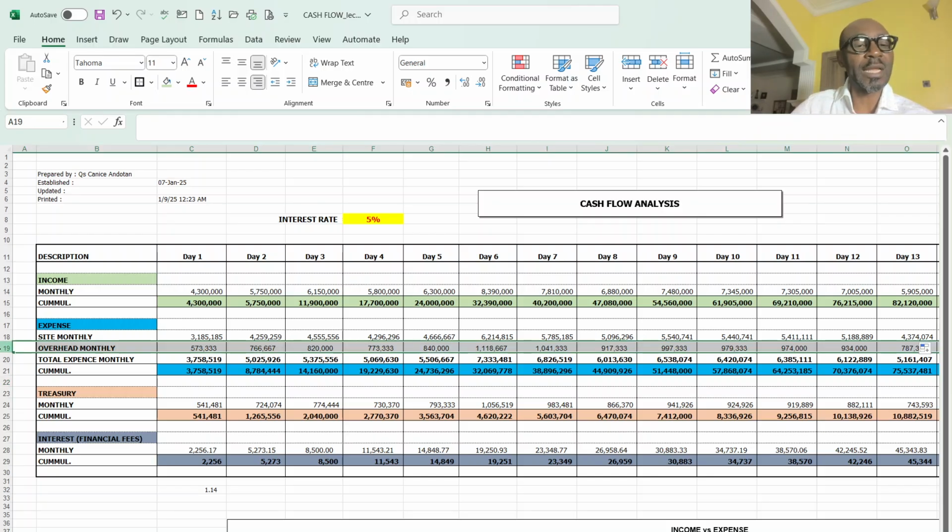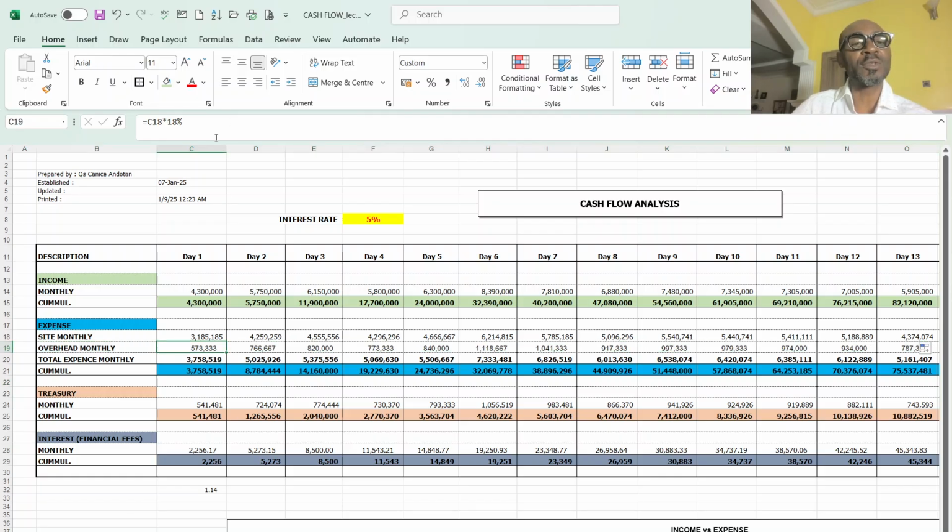And that is what I have here. I have my overhead costs. I assume 18%. It's an assumption, because everything I am doing here is an assumption; I am not basing it on a specific document that I will refer to or a budget that I have prepared and am now translating into this document.